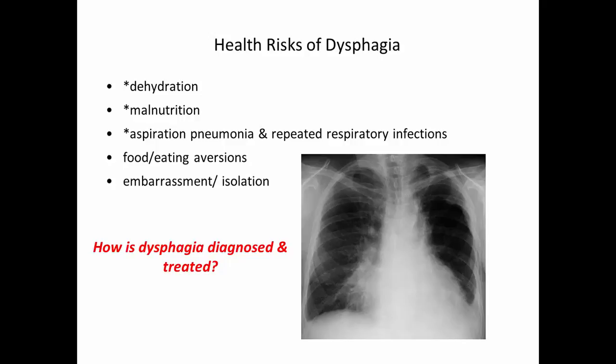There are also some other things, like when a person is having difficulty swallowing, then they may develop an aversion to eating, an aversion to food. And the last are things like embarrassment and isolation. So for example, seniors, very often, if they develop dysphagia, they may be embarrassed to drool or to swallow or spit food back out, and so as a result they eat by themselves.